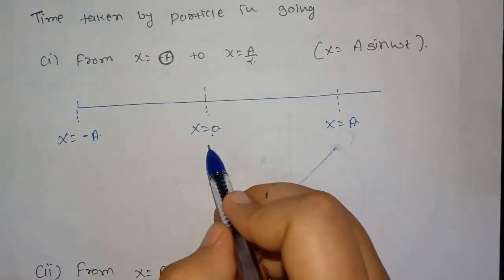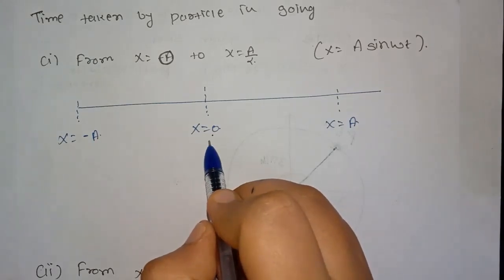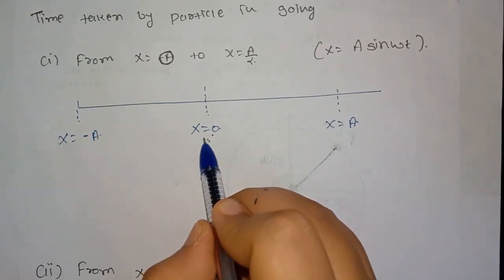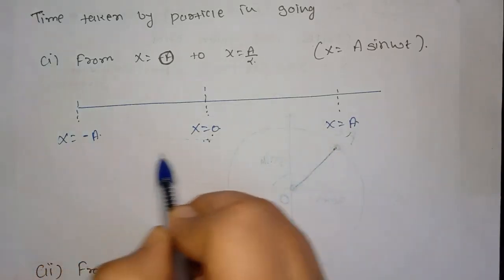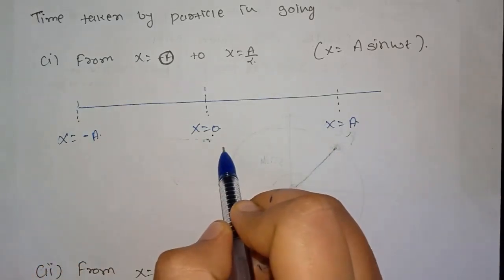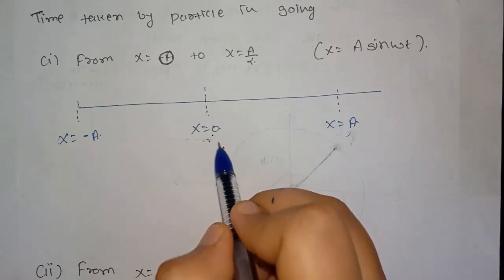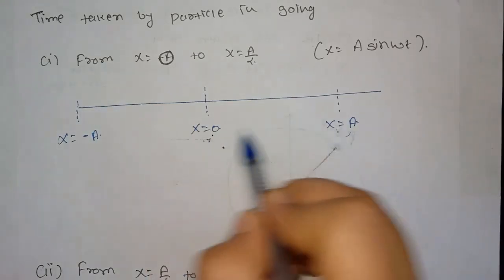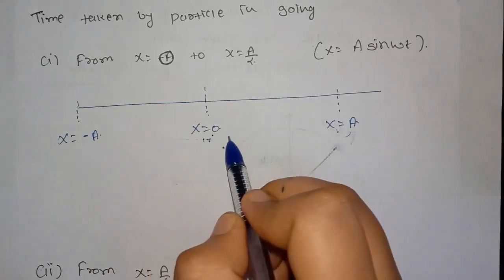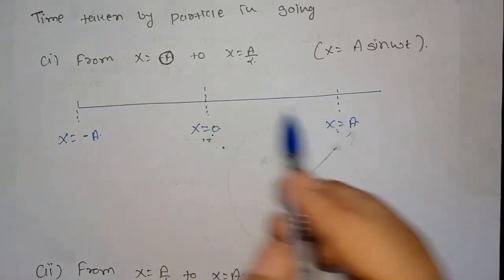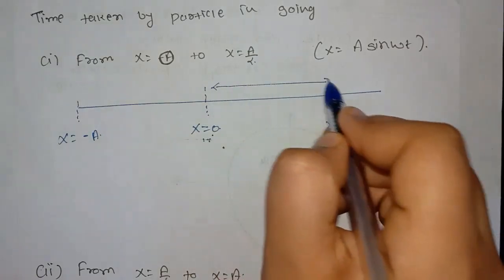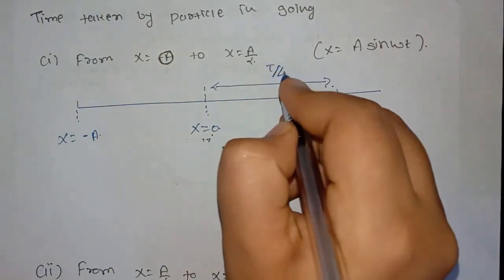If the particle starts from mean position, going from 0 to A, again to 0, then minus A and 0, this total time is capital T. So from 0 to A and A to 0, this total time will be T by 2. So from 0 to A, time will be T by 4.